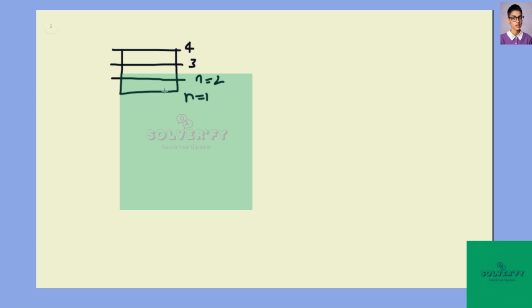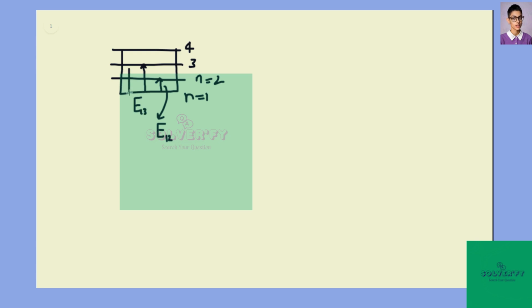Now we know that the transition from level n1 to n2, let us say, corresponds to a certain energy, which is E1 to 2. And then we can say this as E1 to 3.